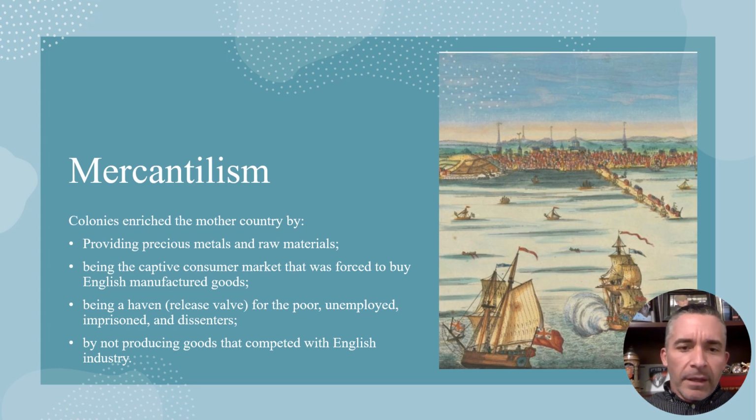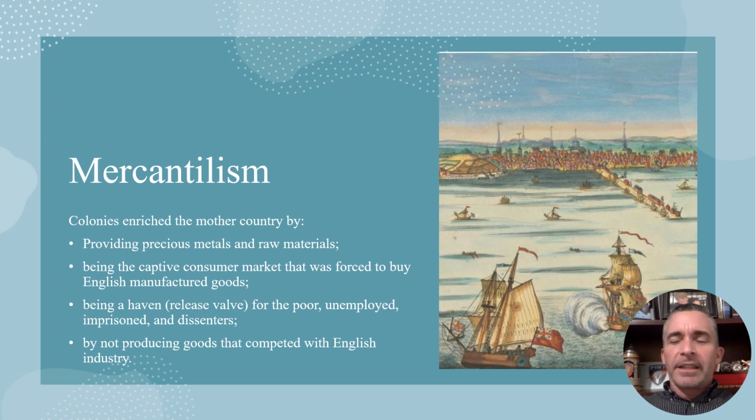The colonies were also expected to be a haven or an outlet for the poor, the unemployed, and the criminals or the religious dissenters in England. So these were unstable elements of the population.